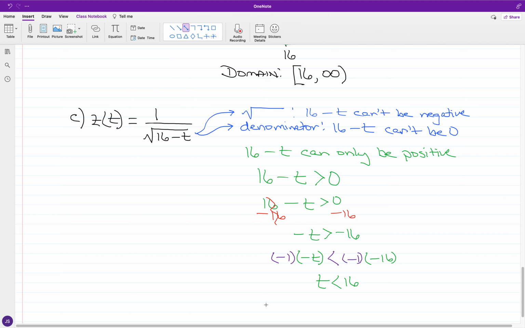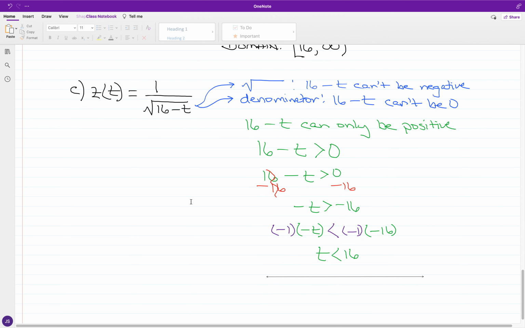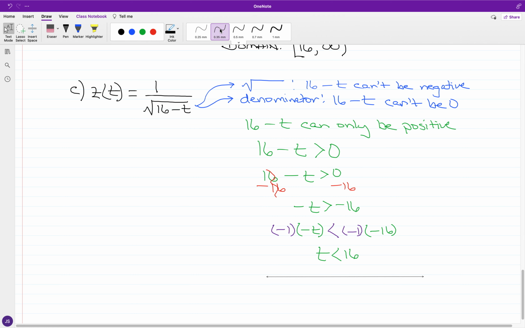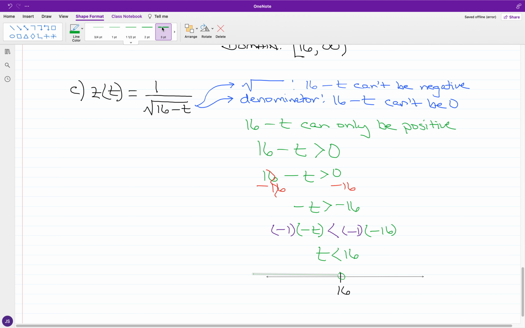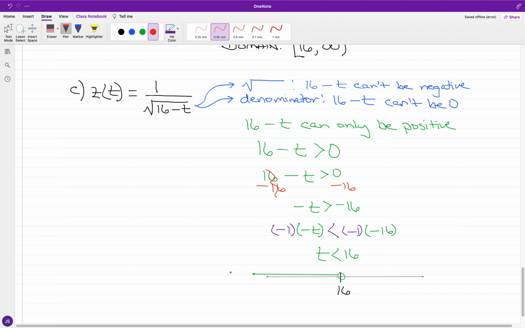And so just visualizing, again we have 16 to work around. Now 16 is not included, so this is indicated by, once again, an open circle. And everything is less than, so we'll have a ray that's going to go out to the left, approaching negative infinity.